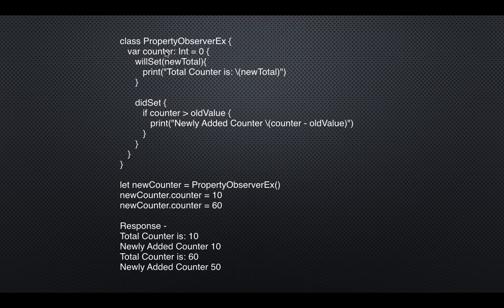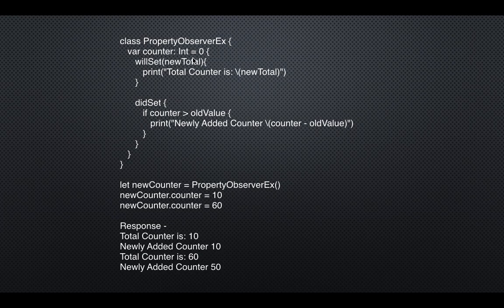Okay, so here's a small example. Let's say we have a class PropertyObserverExample, and we have a counter variable.